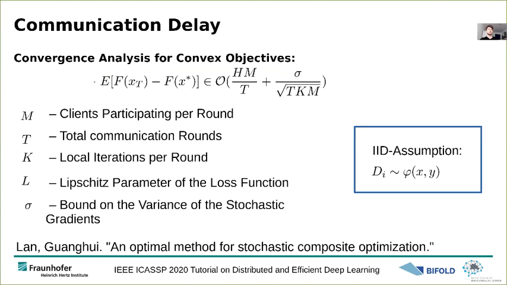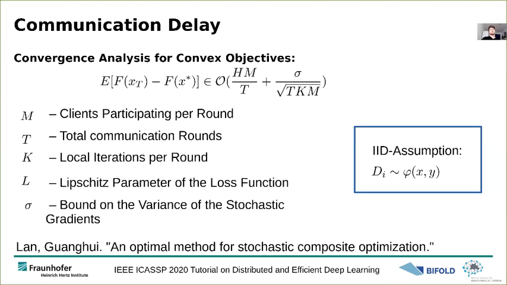So I can show you some simple convergence analysis of the federated averaging algorithm for convex objectives. As you see, asymptotically, you get the term sigma over square root of T times K times M. M is the number of clients that participate per round.